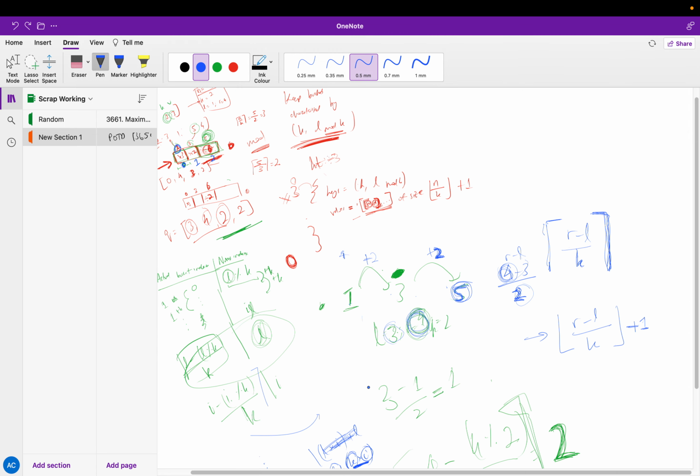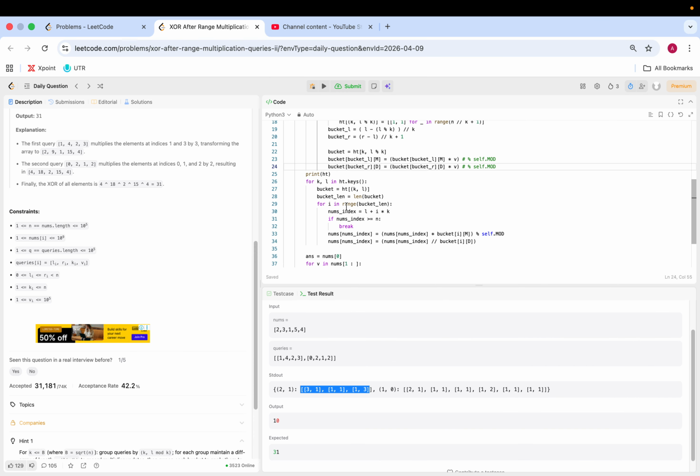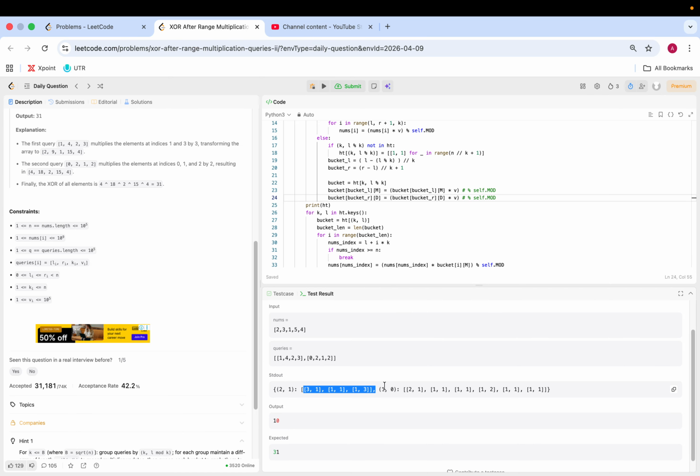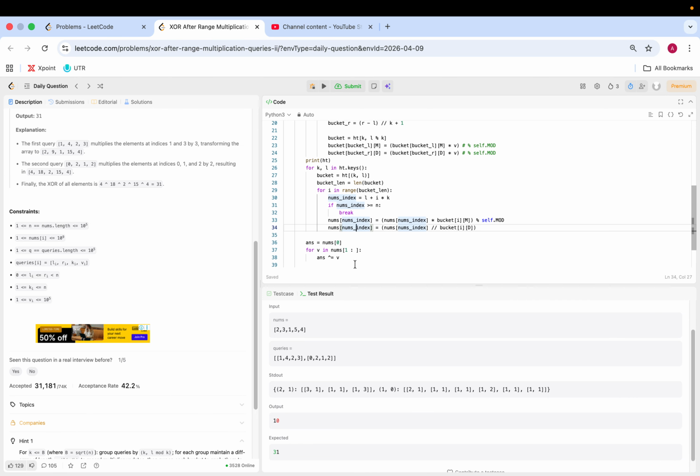Oh, wait, I think I did this wrong. Yes, I did this very wrong. I forgot exactly what this was about. It's about accumulation. Okay, this is actually completely wrong.